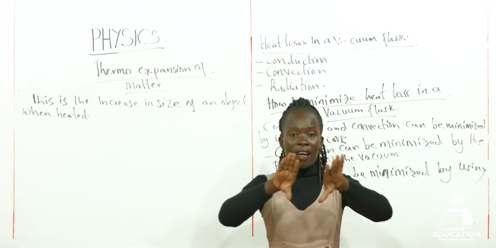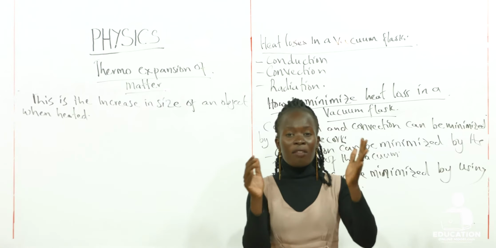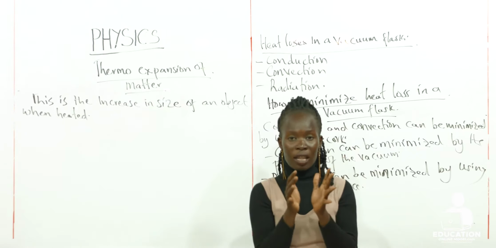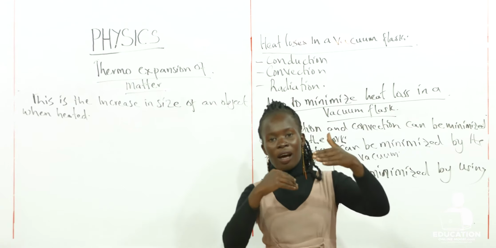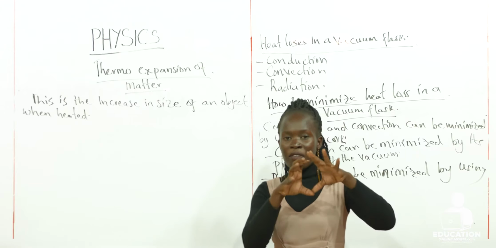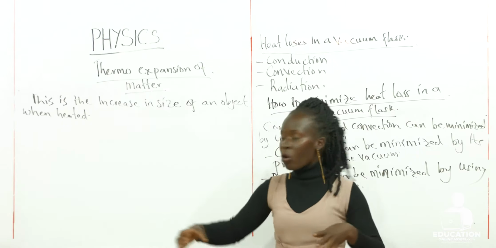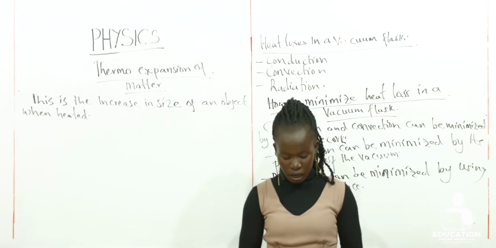You're weakening their bond. So if the bond is weakened between them, instead of contracting and coming together, they will be moving away from each other. That movement away from one molecule or one electron to another will cause the object to expand.